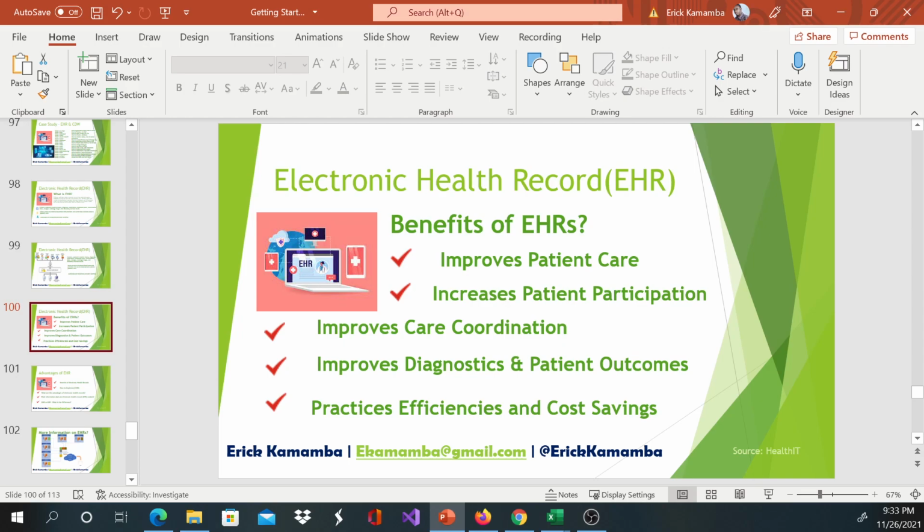Other advantages really, it provides accurate, up-to-date, and complete information about the patient at the point of care. It enables quick access to patients' records for more coordinated and efficient care. Also, secure sharing of electronic information with patient and other clinicians.